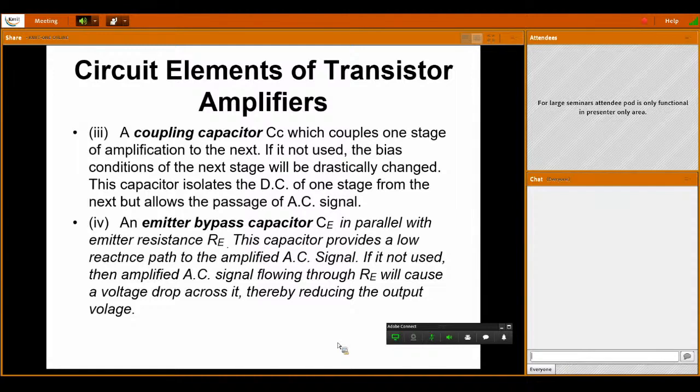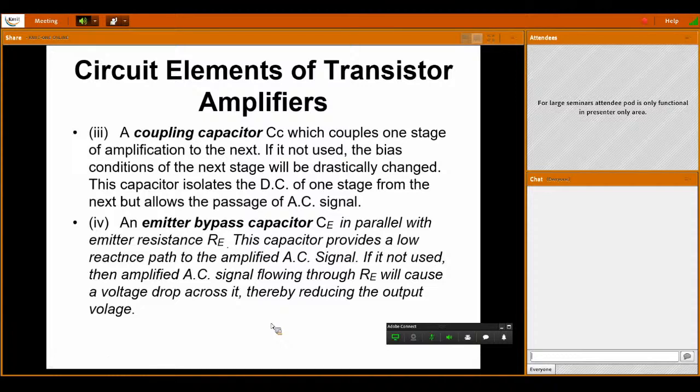The AC signals are transferred through that capacitor, whereas the DC signals are blocked by the capacitor. So here the emitter bypass capacitor is in parallel with your emitter resistance. Next, this capacitor provides a low reactance path for the amplified AC signals.